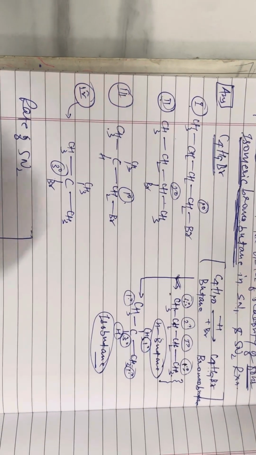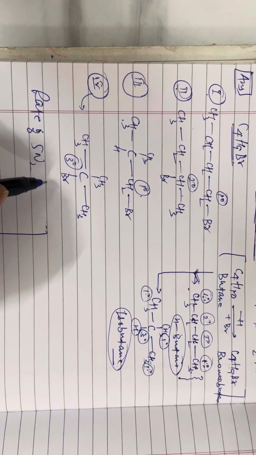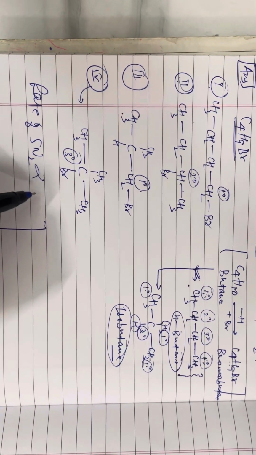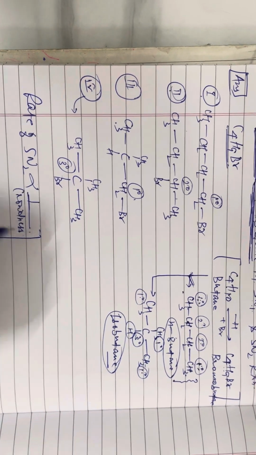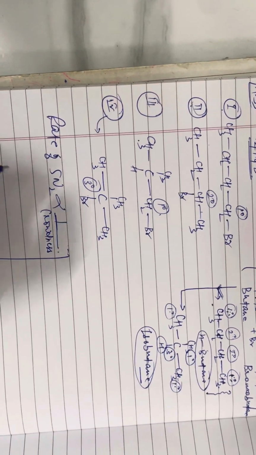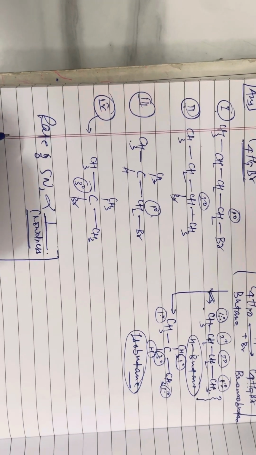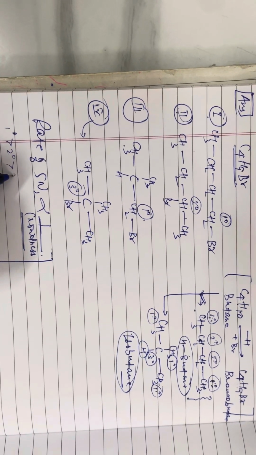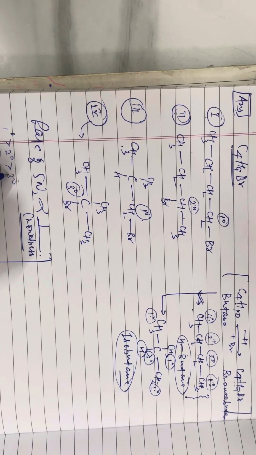For SN2, the rate of SN2 is directly proportional to the stability of the transition state, or inversely proportional to, you can say, the crowdedness. You must be knowing the rate of SN2 for 1 degree is more than 2 degree, than 3 degree, because in 1 degree crowdedness is less, in 2 degree crowdedness is more, in 3 degree crowdedness is even more.